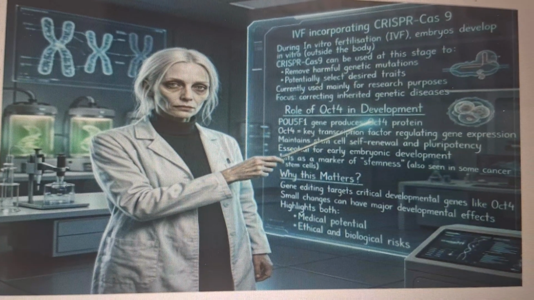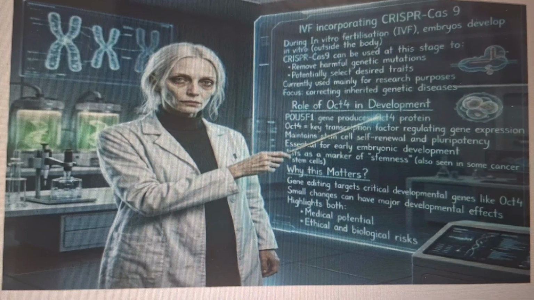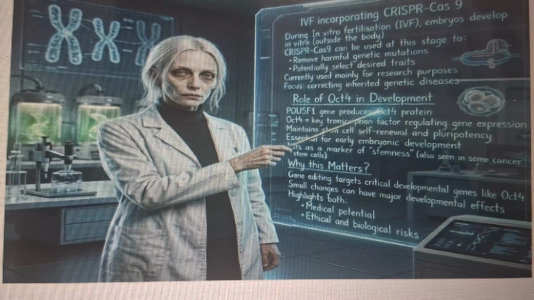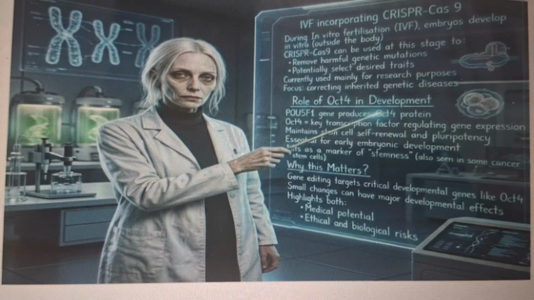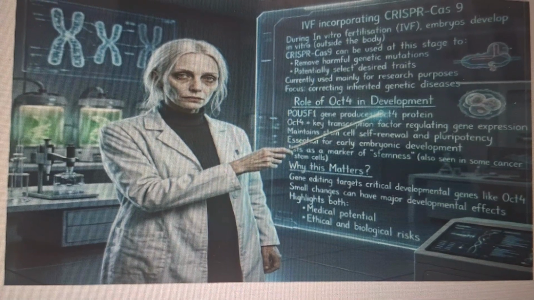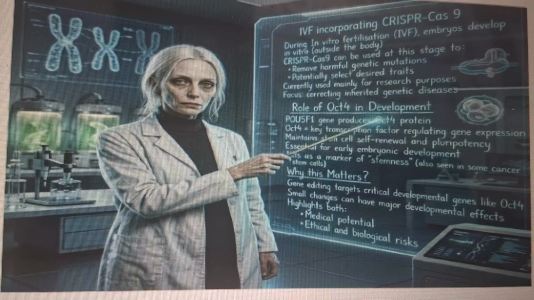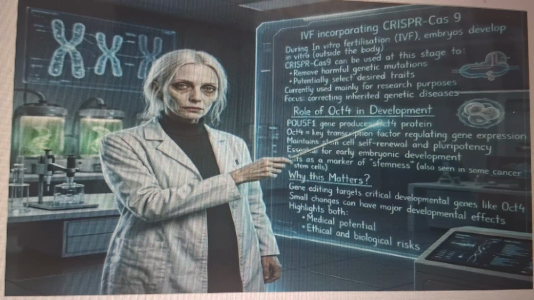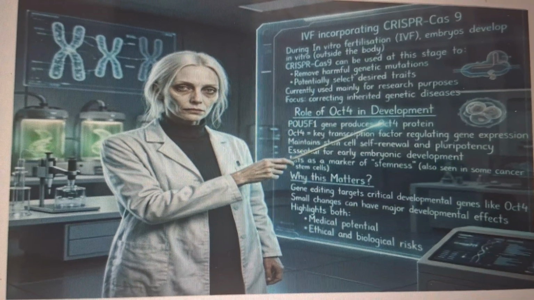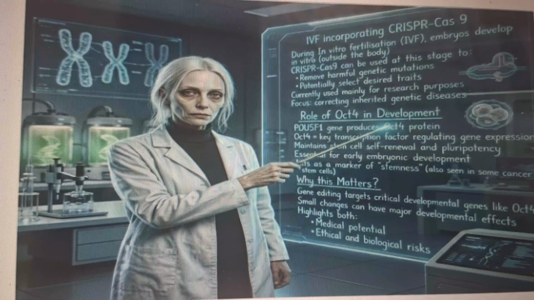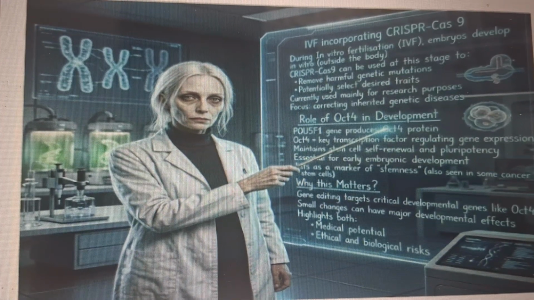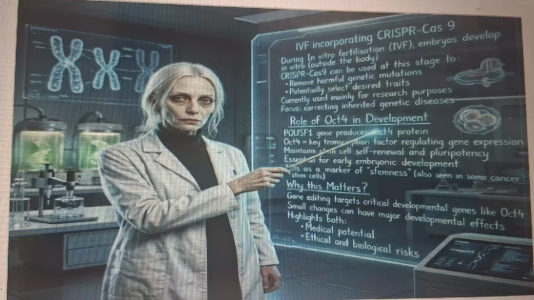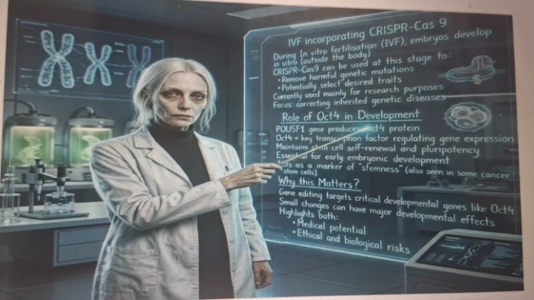During in vitro fertilization, or IVF for short, embryos develop in vitro, which refers to experimentation outside of the body. CRISPR-Cas9, in this case, can be used at this stage to remove harmful genetic mutations and potentially select desired traits. It's currently used mainly for research purposes, with the focus on correcting inherited genetic diseases.